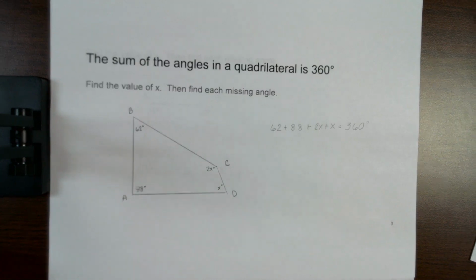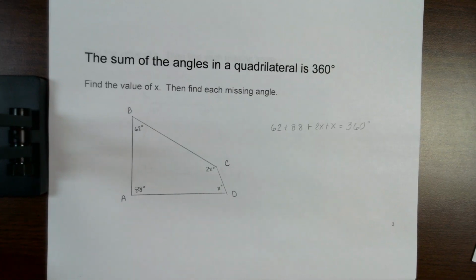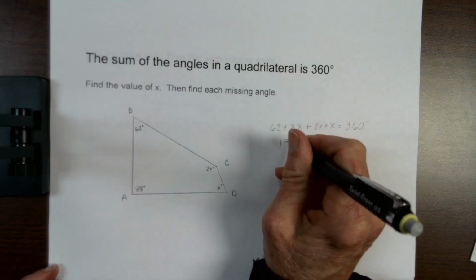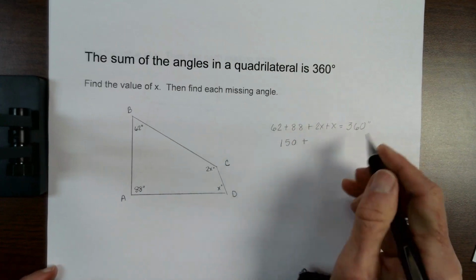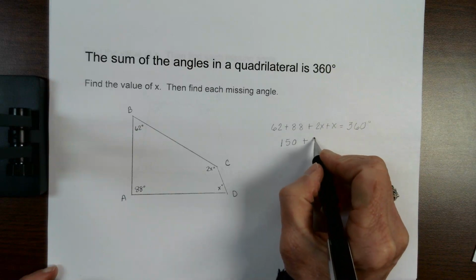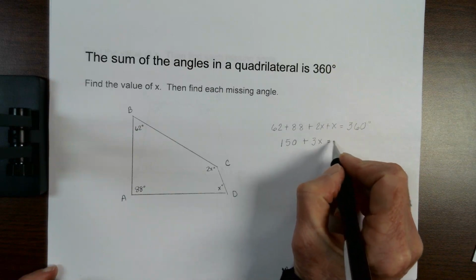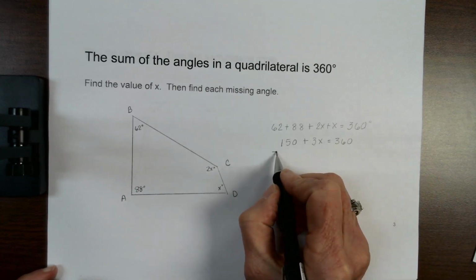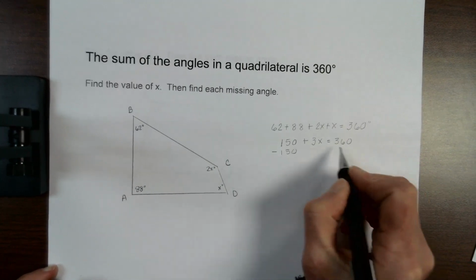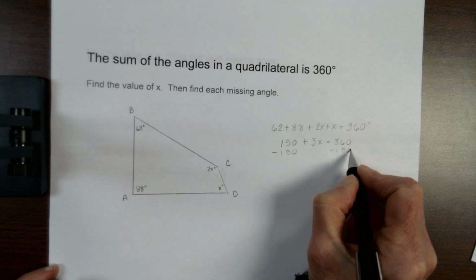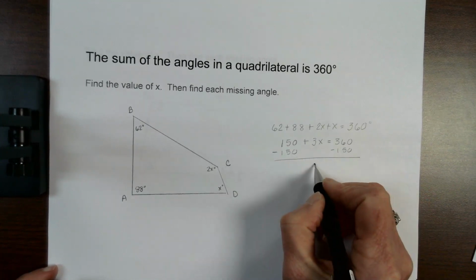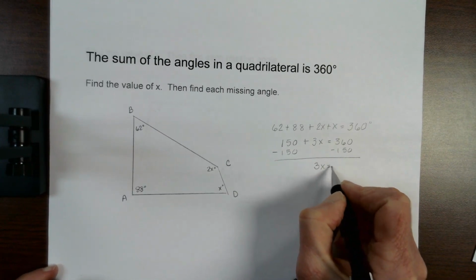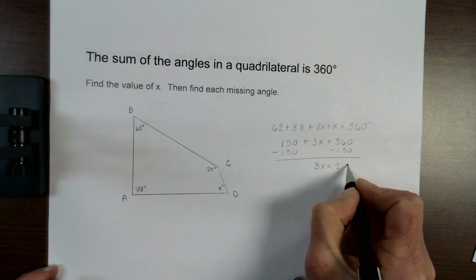So when I add the like terms together, I've got 150 plus 2x plus x is 3x equals 360. I'm going to work my way backwards and solve for the x. So I'm going to subtract 150 from each side. That's going to give me 3x equals 210.